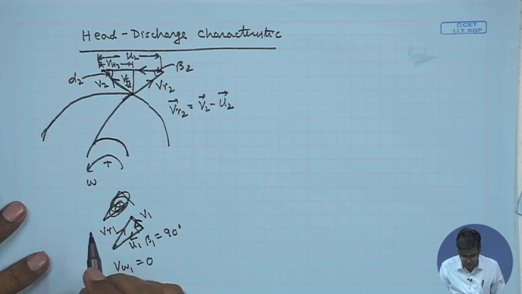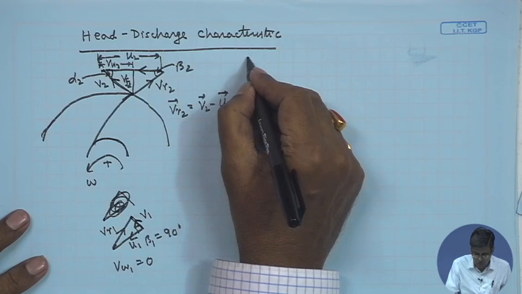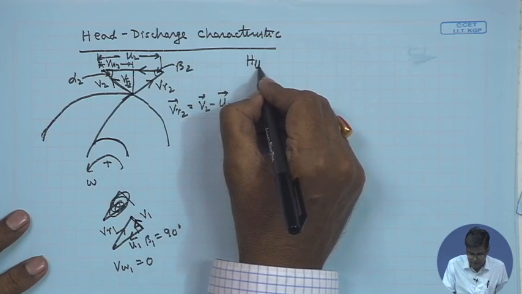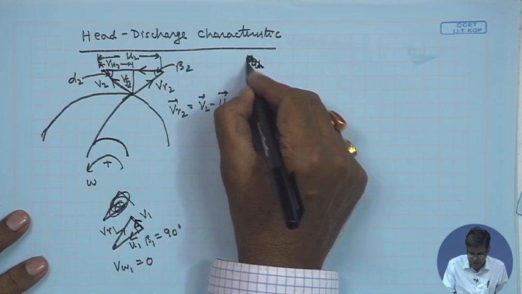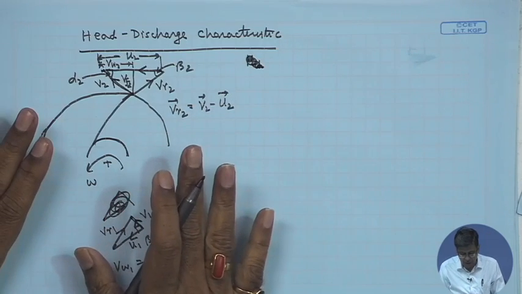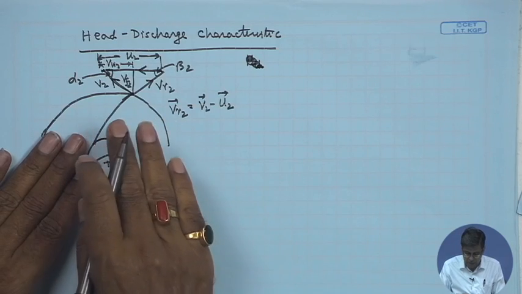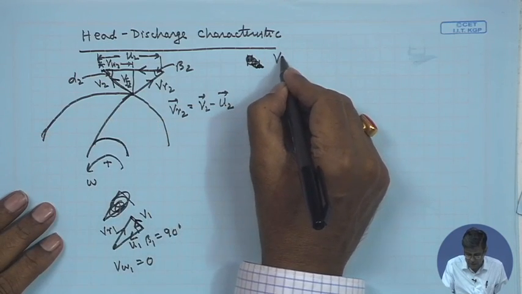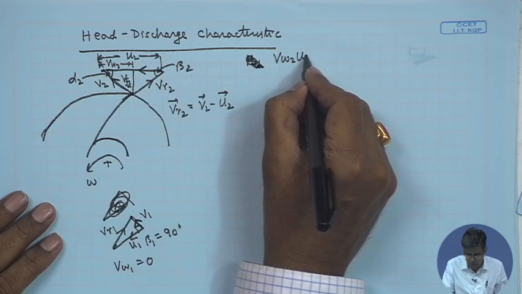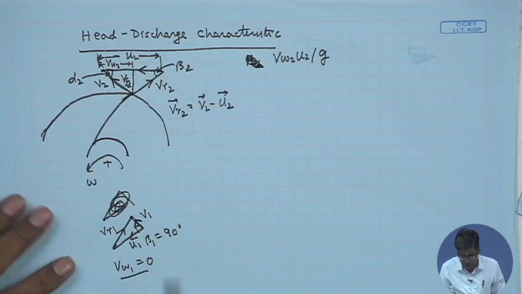So, now we come like this: theoretical head. Let us consider first, as we discussed, that the head, that is the energy per unit weight given to the fluid by the rotor, is Vw2 U2 by g, because Vw1 is 0.